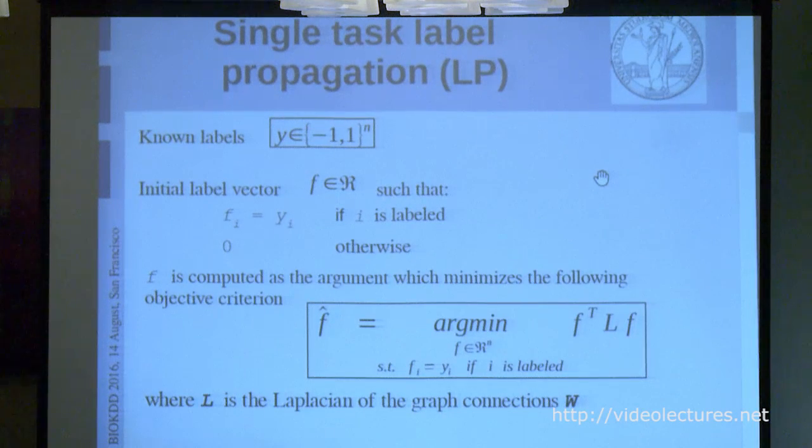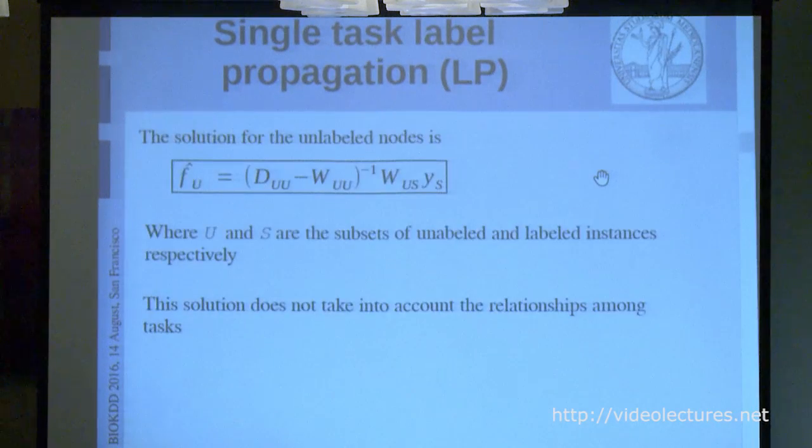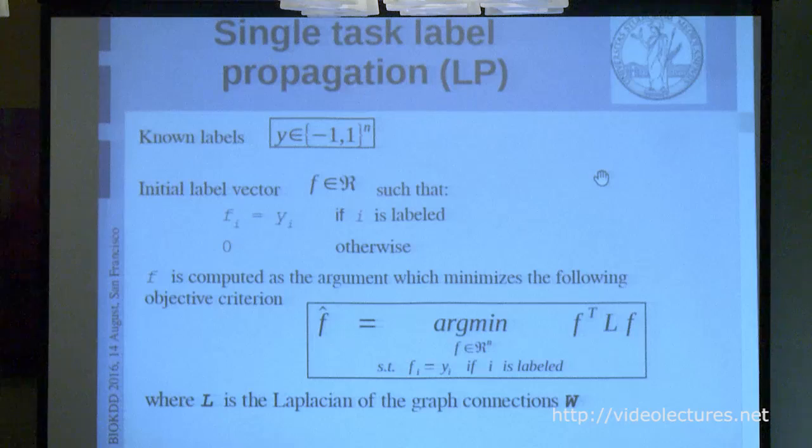And f is computed as the argument which minimizes this objective function, in which the constraint means that for any labeled node, the score f we predict should be exactly the label we know for that node.